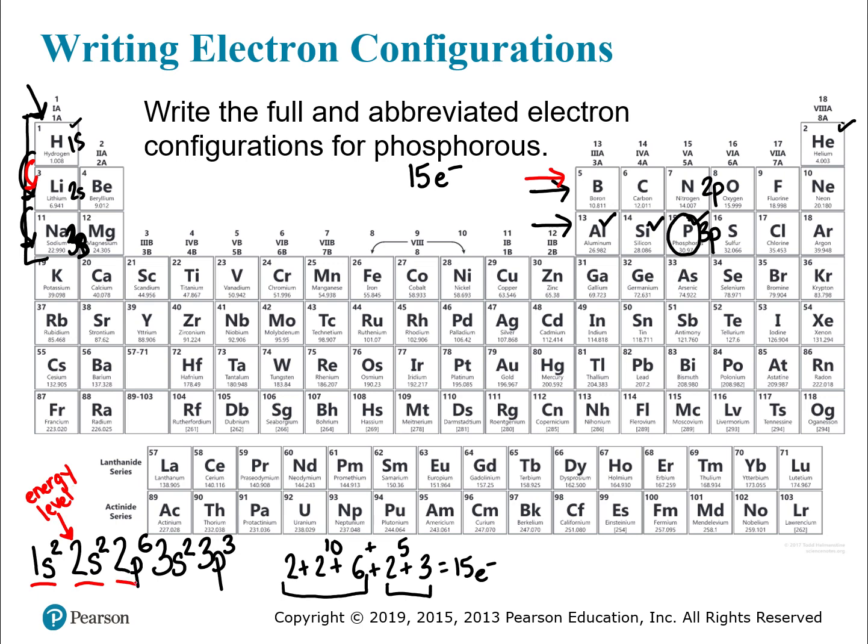Then likewise for the 2p, there are 3 p orbitals in the energy level 2. And since each orbital can hold 2 electrons, we can hold a total of 6 electrons in the p sublevel. So we fill the 2p with 6 electrons. At this point, we've only placed 10 electrons.